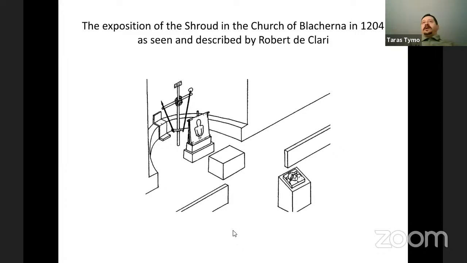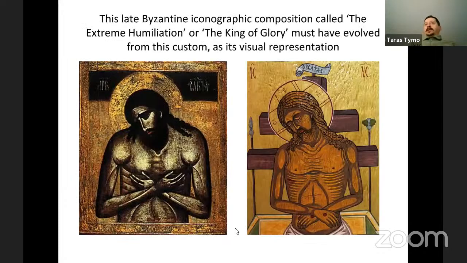And curiously, we have some icons that developed in that time, in the 12th century. Sometimes they are entitled the King of Glory or Extreme Humiliation, showing Jesus like this or like this, holding hands like this, in a half-figured position, naked, with closed eyes, against the background of the cross with the instruments of torture.